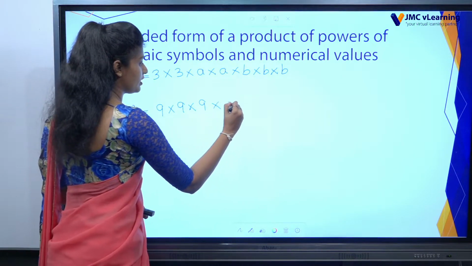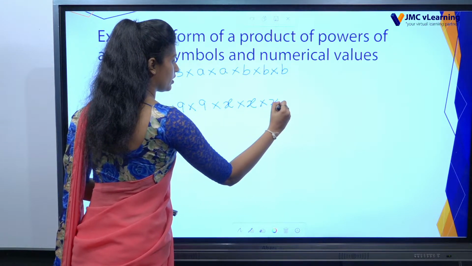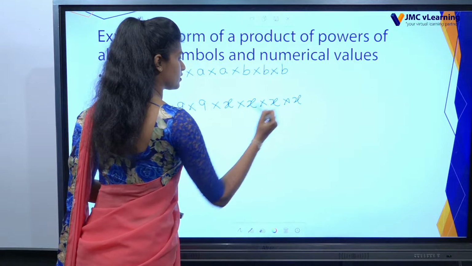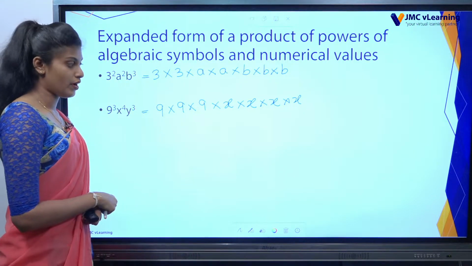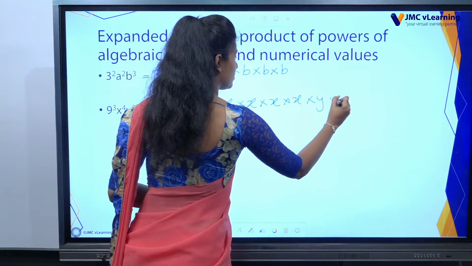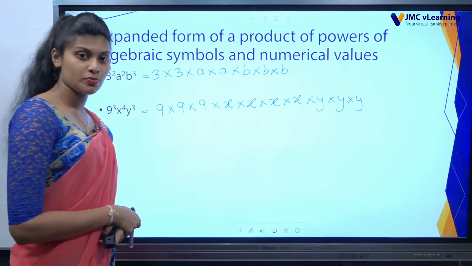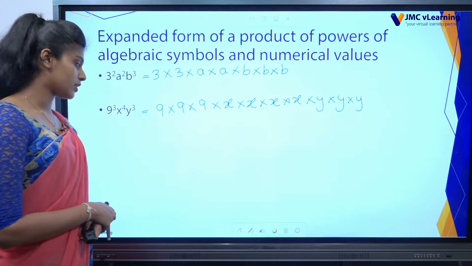Let's multiply x into x into x into x. Then y, you have to multiply 3 times. Let's write y into y into y. This is the expanded form of this question.